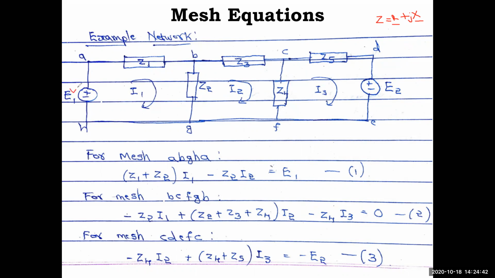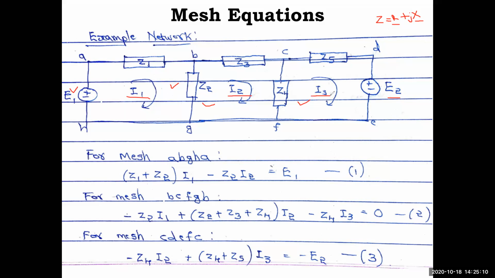So you have a voltage source here, E1, Z1, Z2, Z3, Z4, Z5, and then here E2. These are planar networks. Three meshes are there here, or three loops, we say loop 1, loop 2, loop 3, or in any order, no issues. As I told you, if you have three meshes, what we need to calculate is the currents I1, I2, I3 in this case.